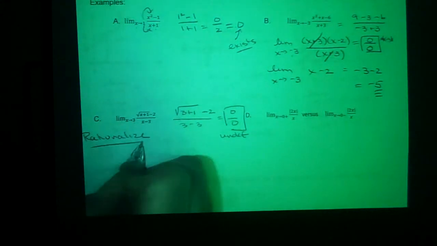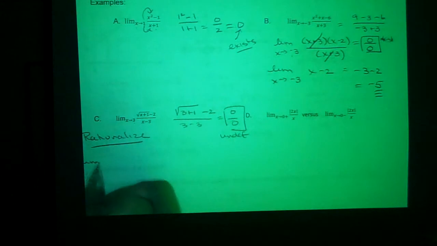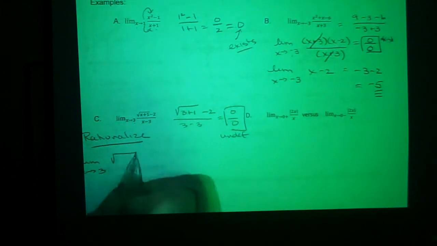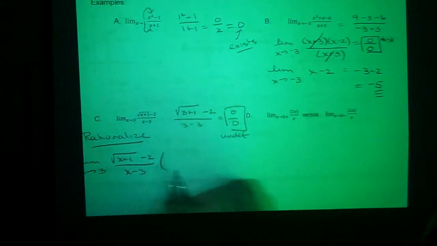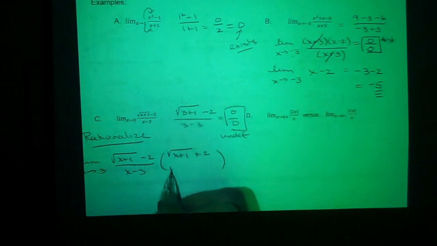And that's why we learned how to rationalize the numerator for our last quiz. So what you're going to do to take this limit is you're going to multiply by the conjugate of the numerator, which is the square root of x plus 1 plus 2.